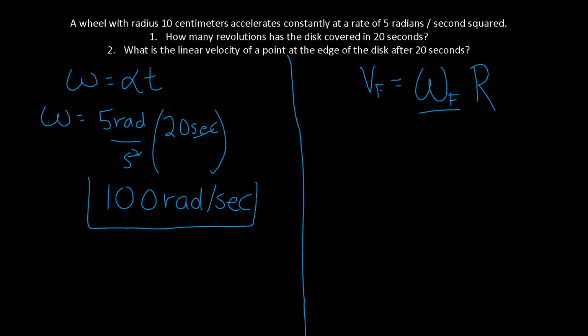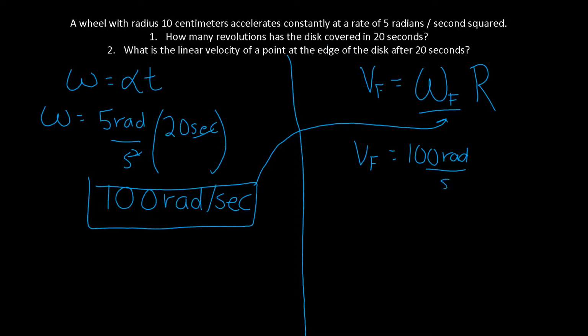And we can use this for omega final. So we will have 100 radians per second, and we're going to multiply that by 0.1 meters over 1 radian, and that will be our conversion factor.